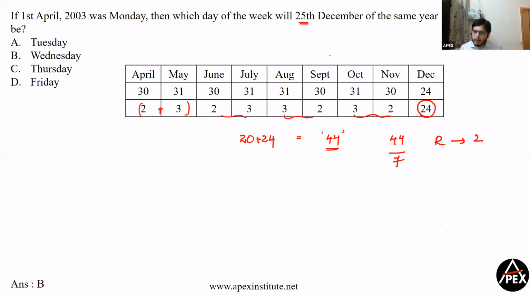You can also do it the previous way, but to avoid calculations you can use this. We can also do it by calculating odd days up to December 25 as 365 minus 7. Are we given Jan 1st or April 1st? If you are given Jan 1st as Monday, then you can do that. But you are given April 1st, isn't it?